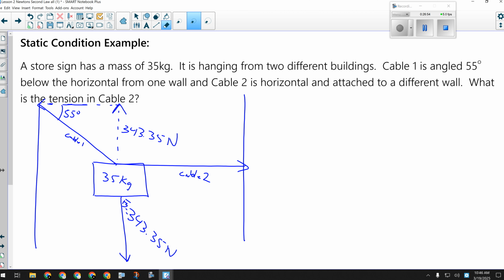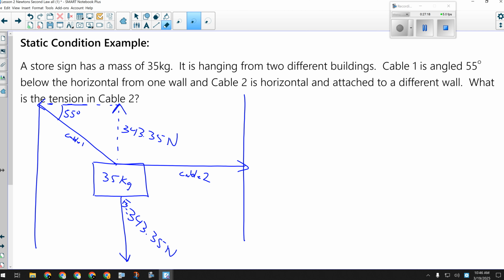Is that also true for cable 2 and the left directed part of cable 1? It has to be. The net force was 0. This sign's not moving. That means all the forces have to be balanced. This is the really intuitive part of these kinds of questions.